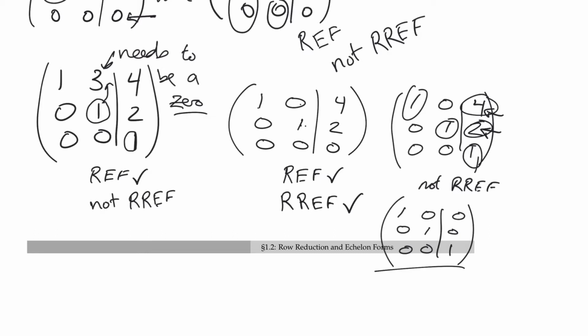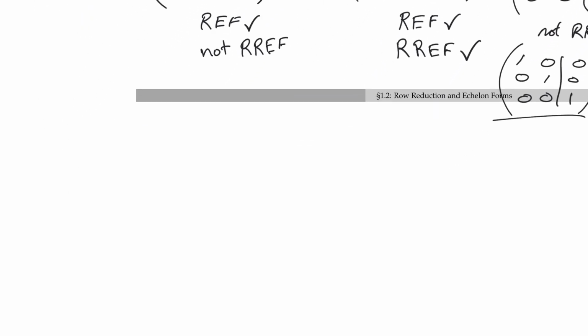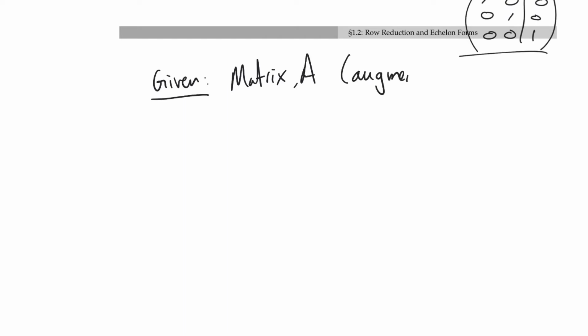Now, one thing I probably haven't made as clear as I need to is this. We're given some matrix A, and we're going to view it as an augmented matrix.